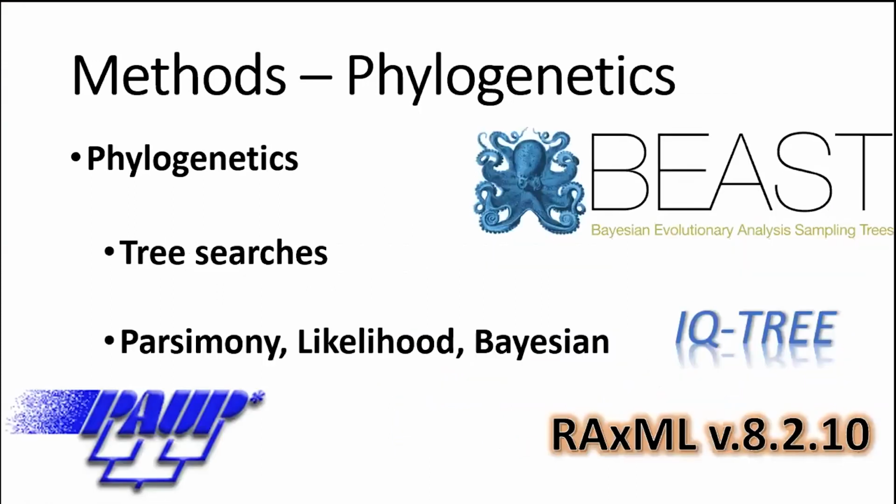From there, once we're happy with all of our sequences, we can then do phylogenetic tree searches. And so we do these initially in parsimony just to make sure the topology looks like there's not any weirdly long branches anywhere. And if there are, we can go through and check again and again until we're happy with our data. And then we can run some more computationally intensive analyses through maximum likelihood methods or Bayesian inference methods.